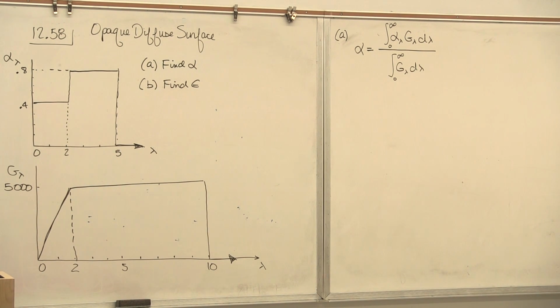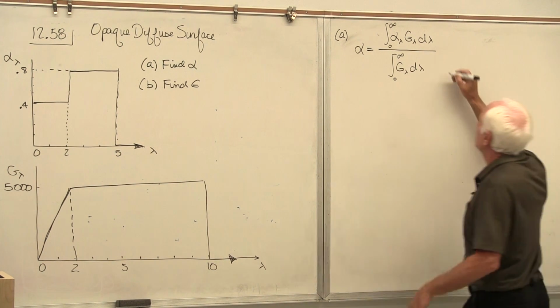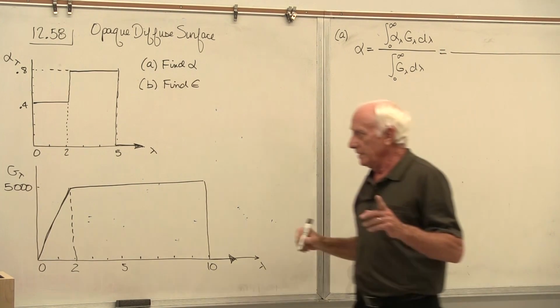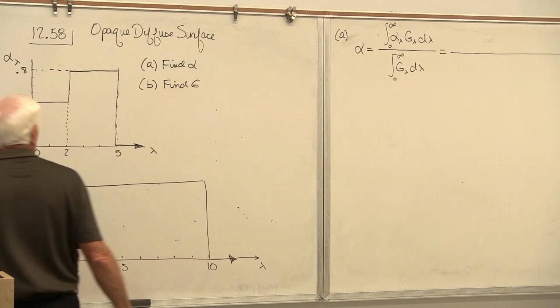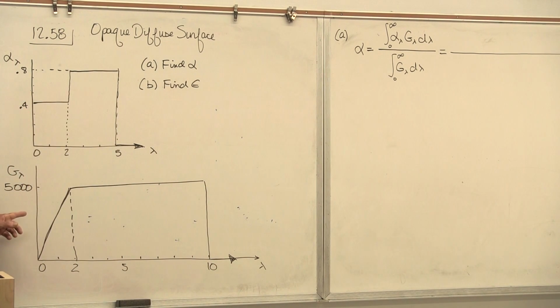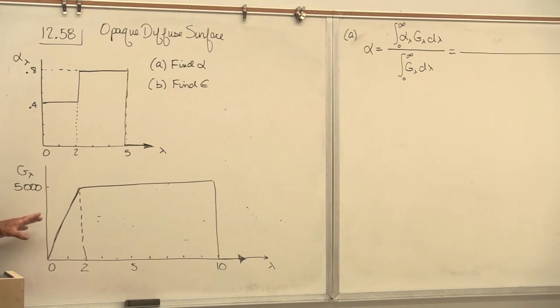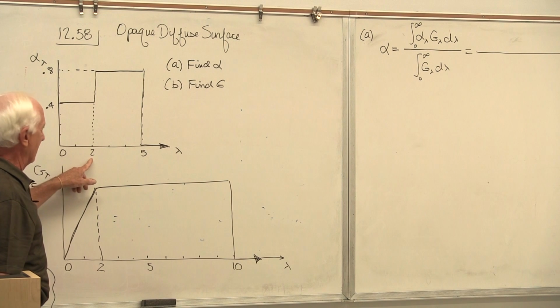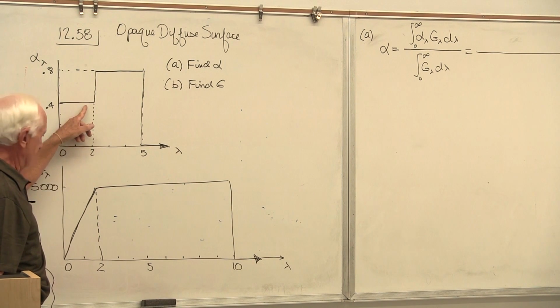Now we're going to integrate by parts. And here's the rule: every time the behavior changes on either graph, that's going to be your limit of integration. For the alpha graph, at 2, something dramatic changes.